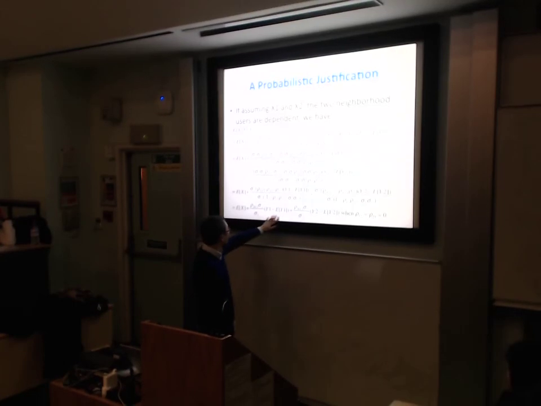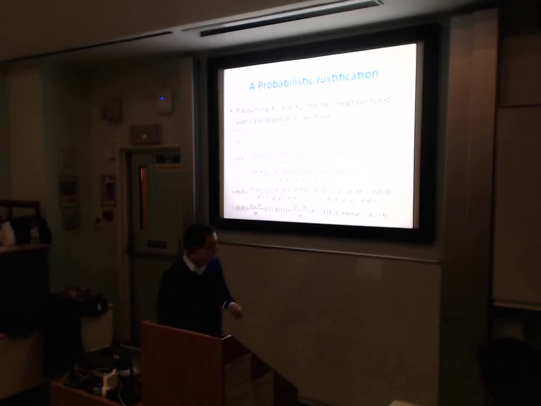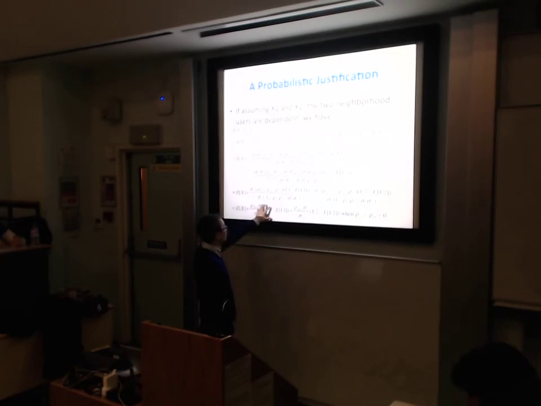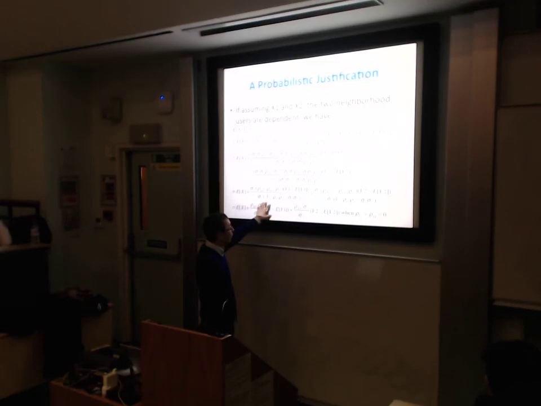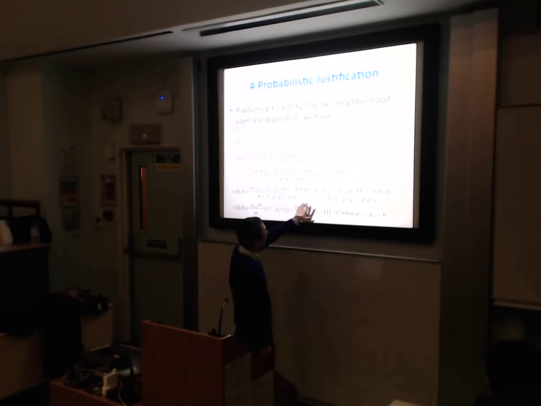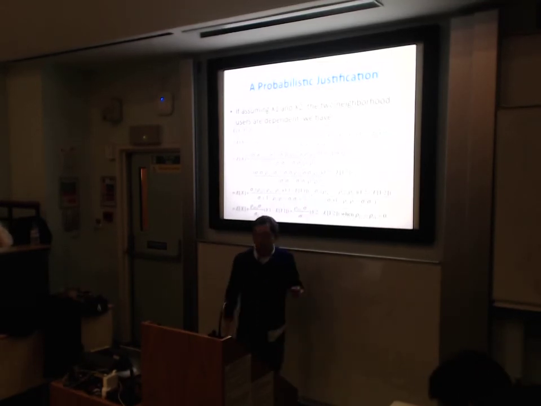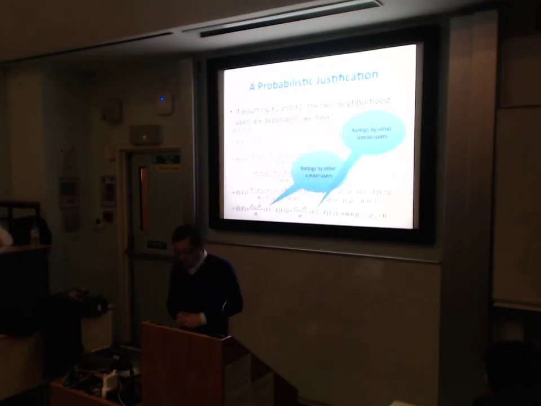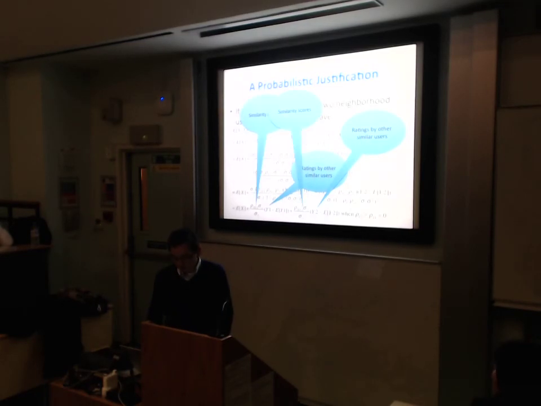Therefore, you would get the averaging value, and this is the rating prediction from user rating y1, and this is a prediction for y2, and you put it together to get a result. So this is the rating by other similar users, and this is the similarity score, and you put it together to get a prediction.